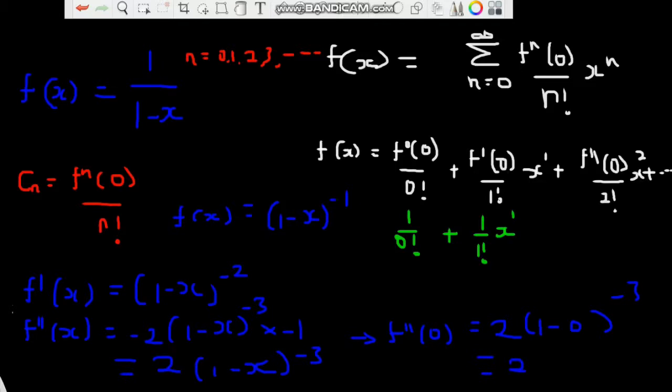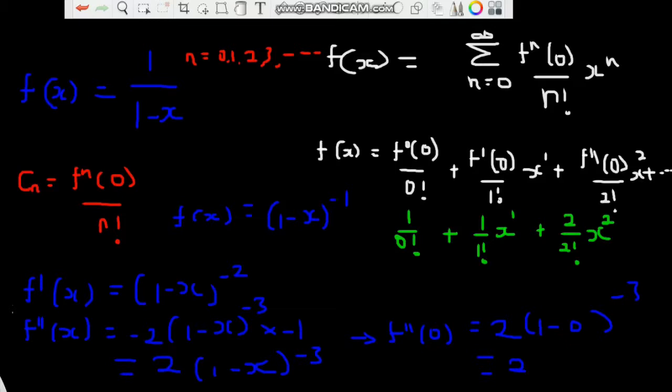So now let's write our coefficient. That will be plus 2 over 2 factorial multiplying x to the power 2. This is what I have for the third term. So you can go ahead and do it for the next term also.